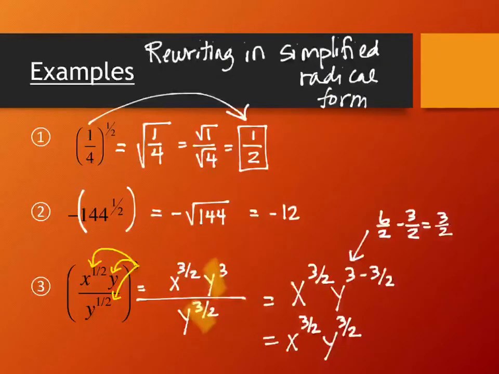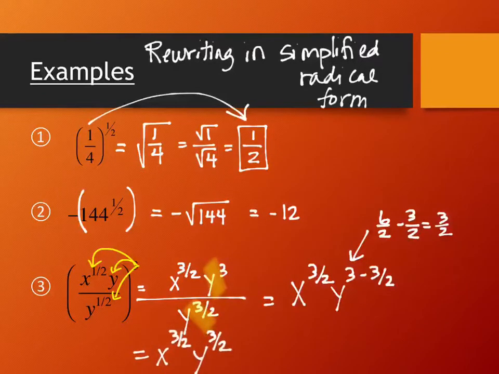So when we have that x to the 3/2, y to the 3/2, the index is 2, but the power on x is 3. So the 2 in the denominator comes out as the index, but the power 3 is still the power 3. Okay, and the same thing happens for the y. And I'll show you one other way we could write this in a moment, but I'm going to deal with it this way right now.